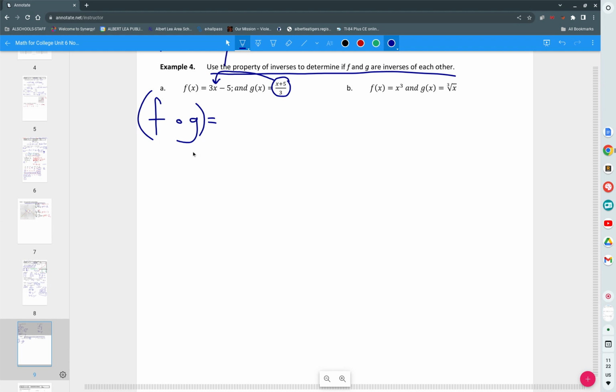That's what we did yesterday. And so you had a 3, and then instead of x, we wrote x plus 5 divided by 3. And then we had the minus 5. I'll pause there. Is anybody confused about what I just did?